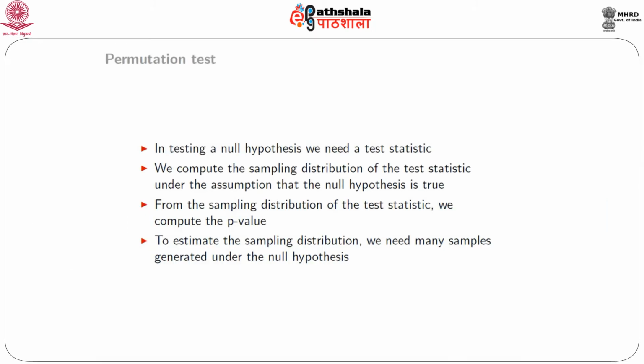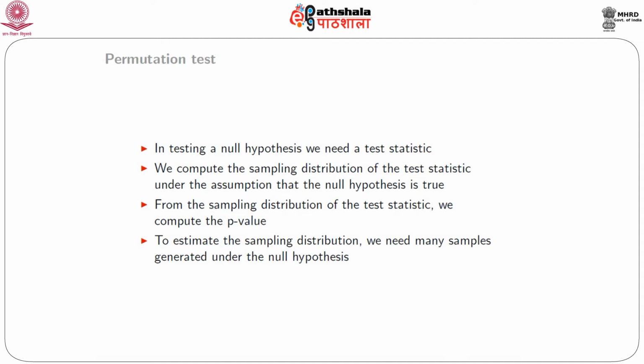Now, the idea behind the permutation test is like this: while testing any null hypothesis, we need a test statistic, and the test statistic has different values under different alternatives. What we need to do is compute the sampling distribution of the test statistic, assuming that the null hypothesis is true.